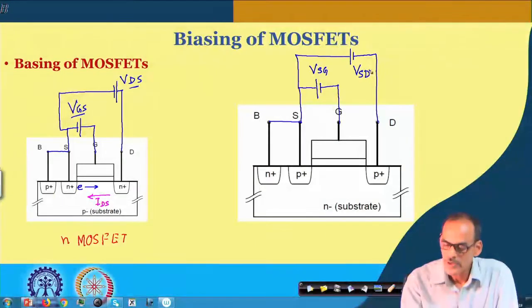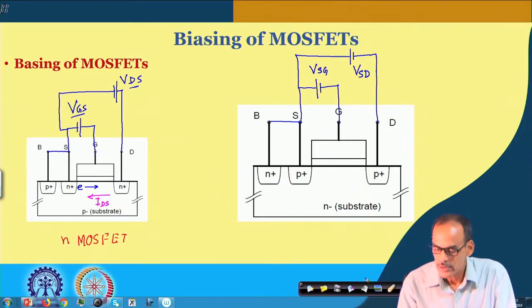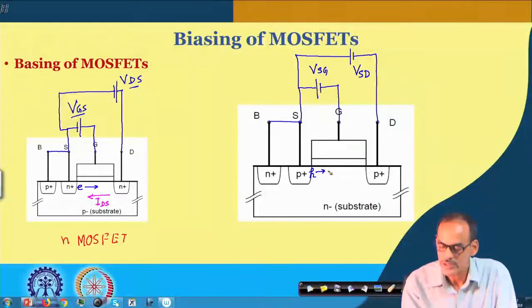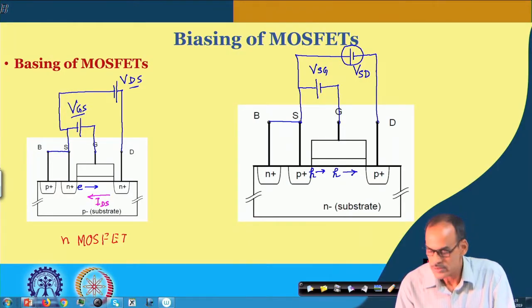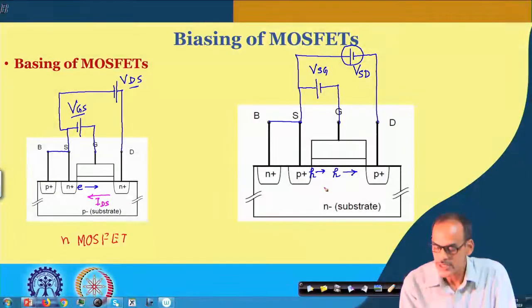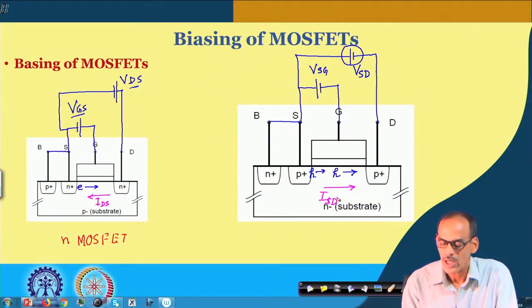And while you are applying this negative voltage here, it is expected that holes will come into this channel region, and because of this VSD, it offers a lateral field, and these holes move from left to right. As a result, it produces a current in the same direction, and since this current is flowing from source to drain, just to have the proper convention of positive current flow, we may call this ISD.